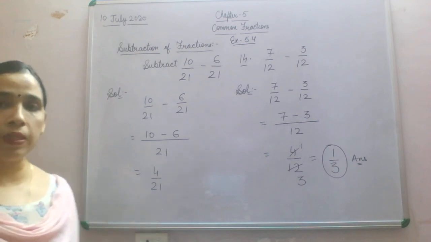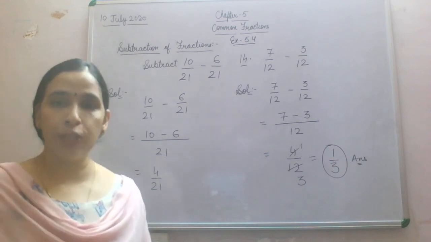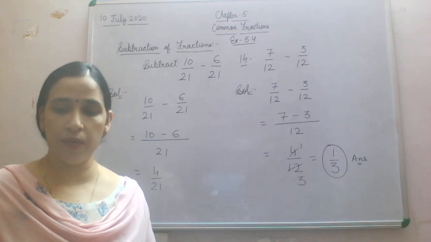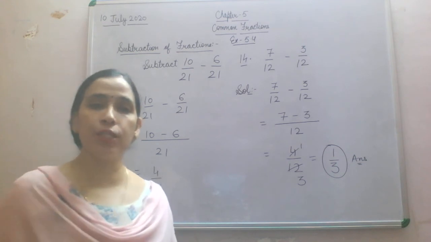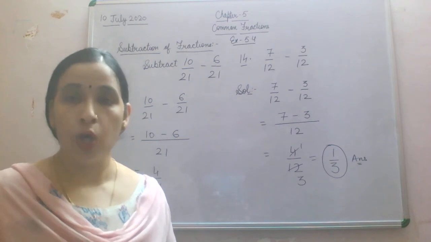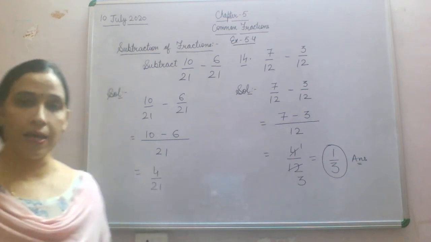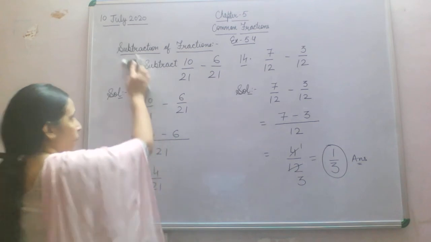So I hope this subtraction of like fractions will be clear to everyone. Now we will do subtraction of unit fractions. The question which arises is, what is a unit fraction?